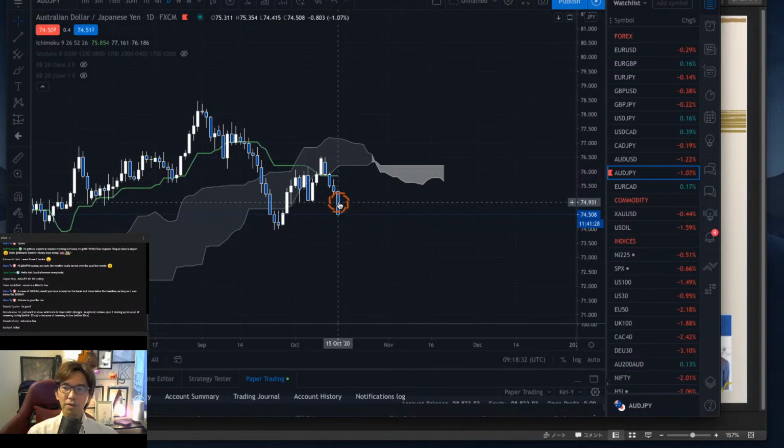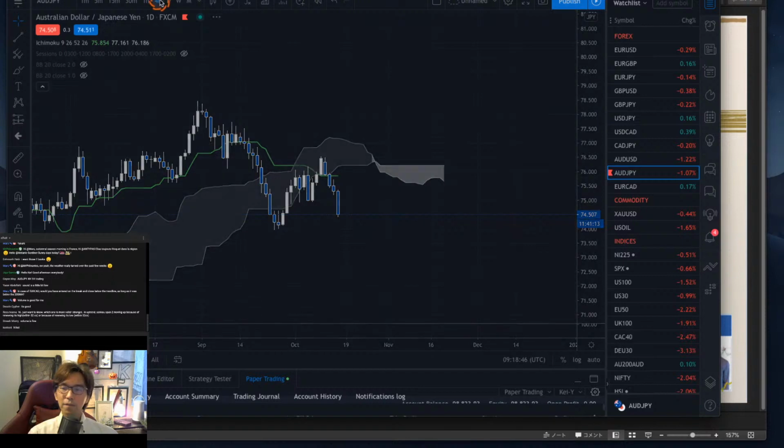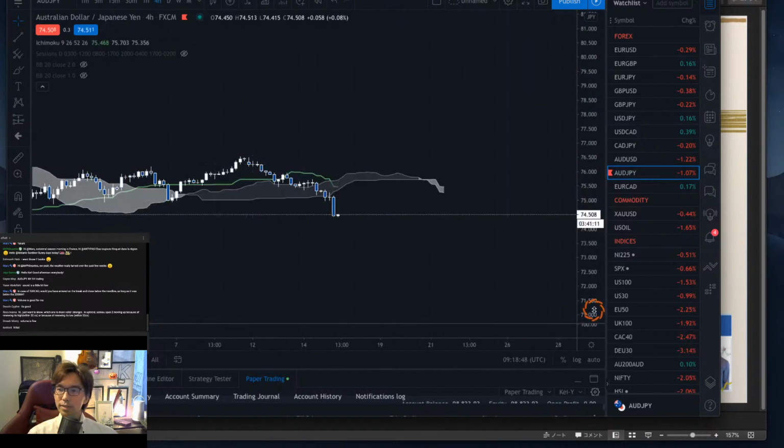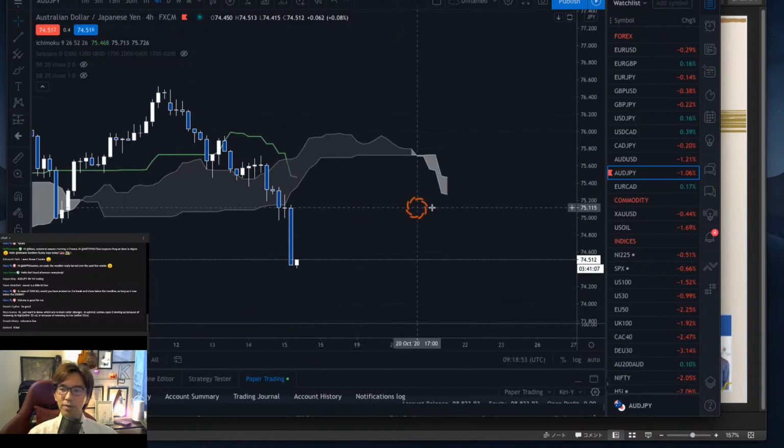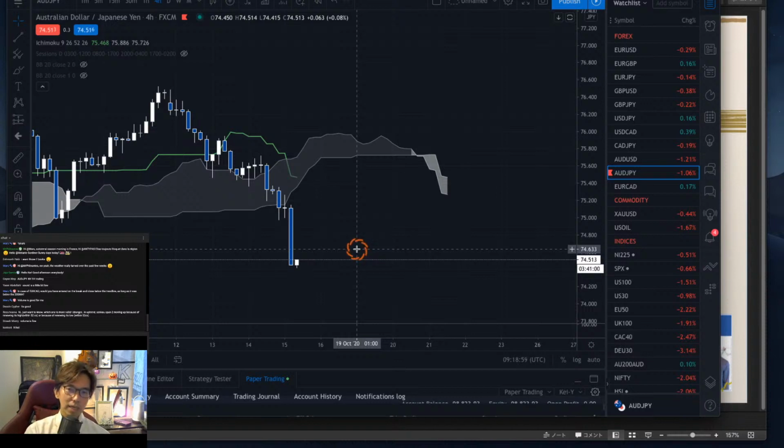There's a strong bearish candlestick forming today. However, in the daily chart, Kumo is flat, Kijun Sen is still flat, so we cannot take the daily as a downtrend direction. But if you look at the 4-hour, then we start to see that this is downtrending. You see Kumo is moving down and Kijun Sen is moving down. So this is a downtrend. This looks to be the beginning of the downtrend.